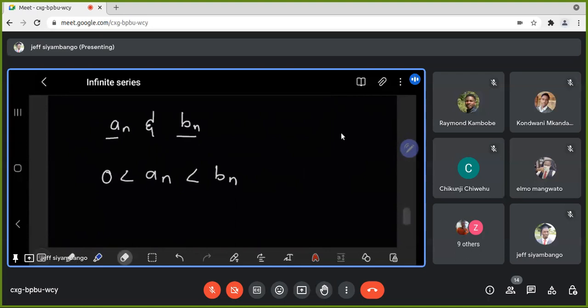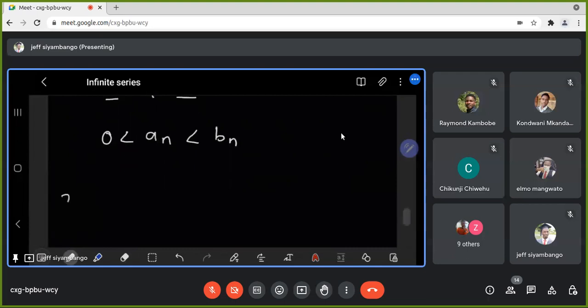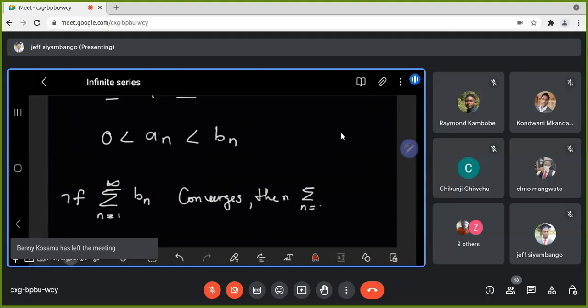If we can come up with a BN that satisfies this condition, then it implies that if the sum from n equals 1 to infinity of Bn converges, then the sum from n equals 1 to infinity of An will also converge.